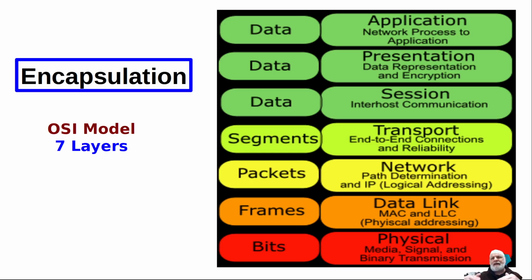Now, one step above the physical level in this OSI model is what we call the data link, which has the physical addressing that I mentioned that the switch deals with.